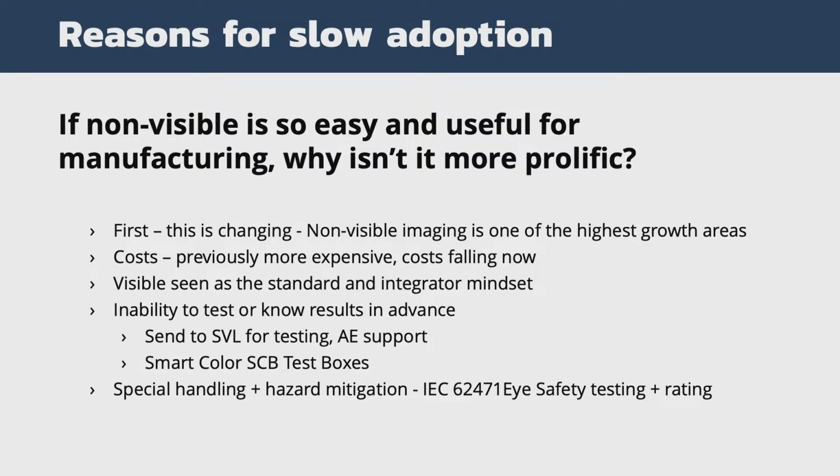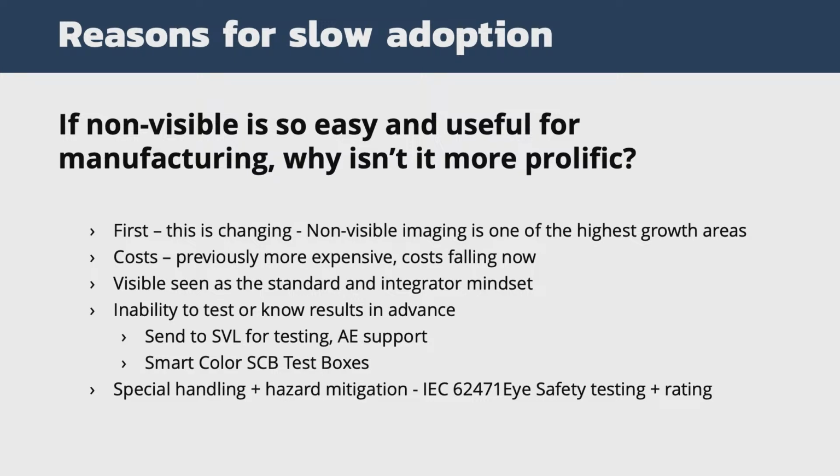But the other option is we have what we call a Smart Color Test Box, or SCB, Smart Color Box. And these have wavelengths. We have one for UV, we have one for SWIR, and they have 6 wavelengths in there where you can press a button and a light comes on at that wavelength.